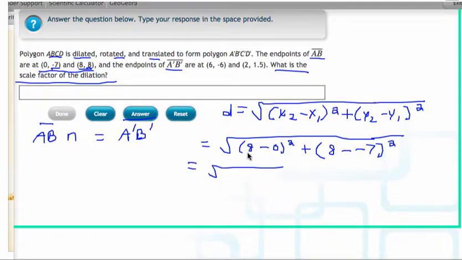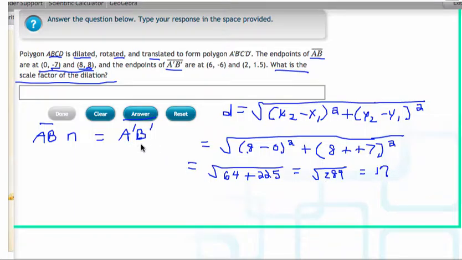And we'll simplify. 8 minus 0 is 8. 8 squared is 64. Plus 8 minus negative 7. Change subtraction to adding the opposite, and then follow your rules of addition. So 8 plus 7 is 15. 15 squared is 225. 225 plus 64 is 289. And the square root of 289 is 17.